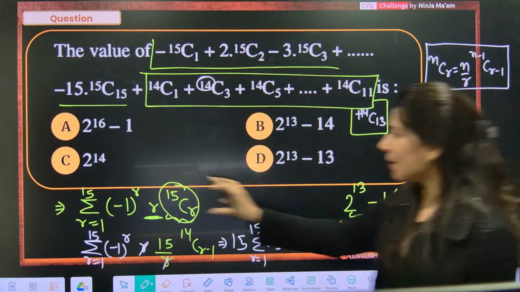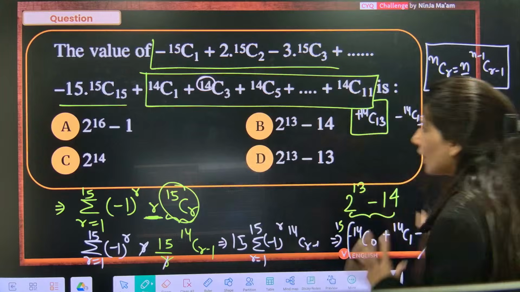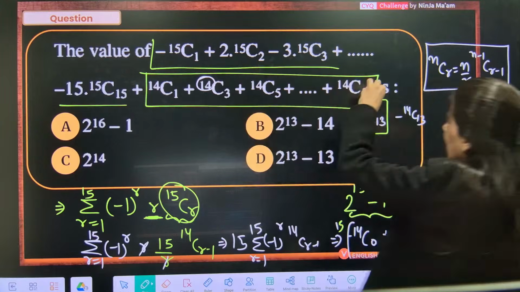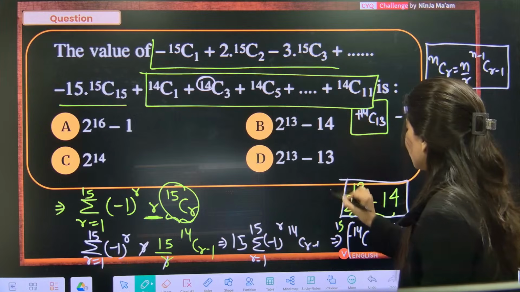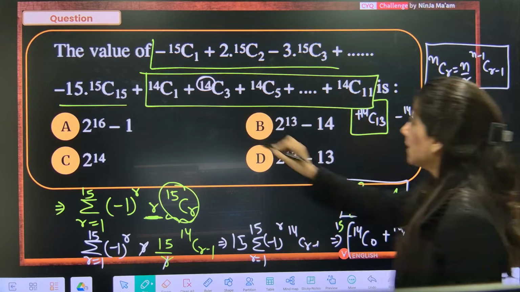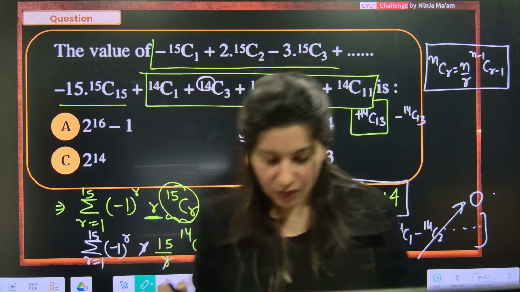That means this summation, this series, is giving 0. Only this part will be remaining; anyway, we have sorted this out in the very beginning itself. The answer will be option B. Okay, alright.